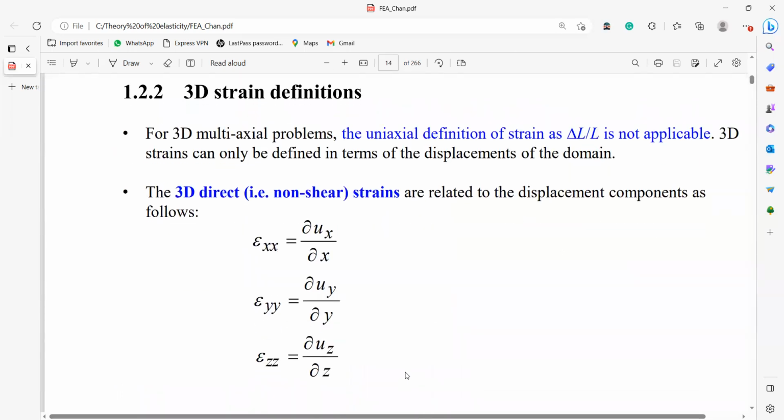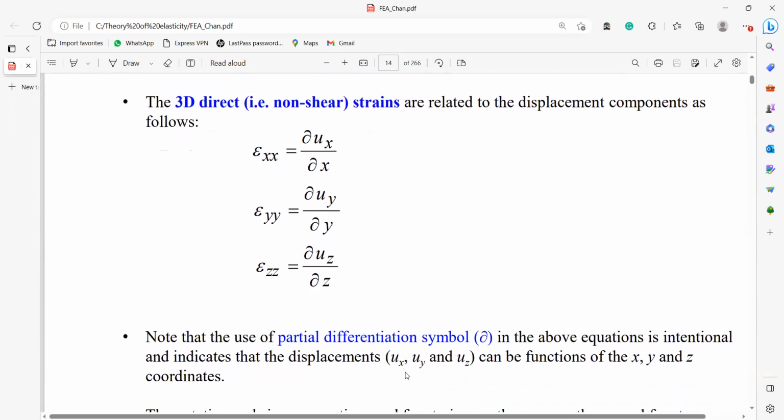3D strain definitions. So here we have 3D multi-axial problems. The uniaxial definition for strain as del L by L is not applicable. 3D strains can only be defined in terms of displacements of the domain. The 3D direct or non-shear strains are related to the displacement components as follows: epsilon xx, epsilon yy, epsilon zz.